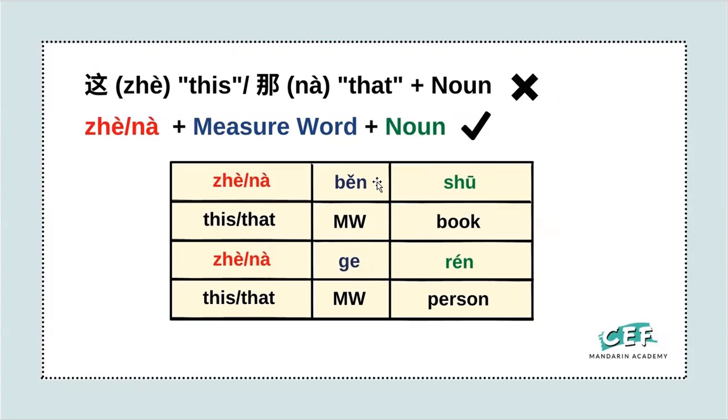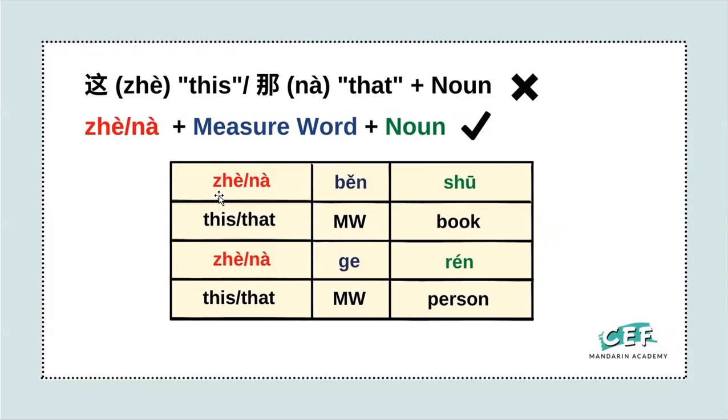So if you notice, in English, it's like this, 这 and book, 书, right? So in English, normally you say this book. But in Mandarin, in some cases we will put a measure word in between 这 or 那 and the noun.